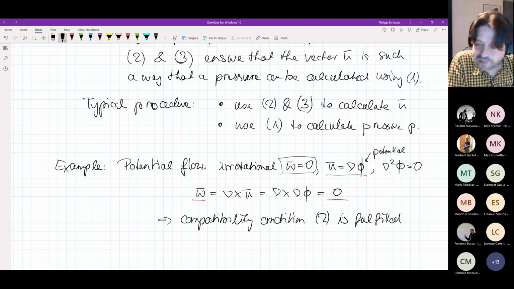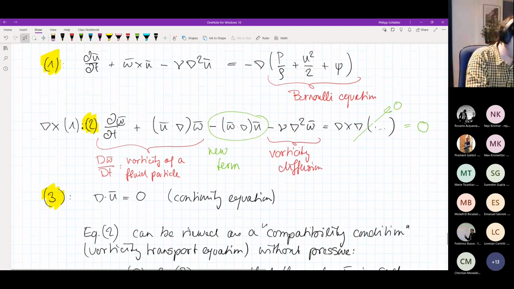Of course, this is fulfilled here in a trivial way because omega is just 0, but still it means that equation 2 is fulfilled because all the omegas are 0.